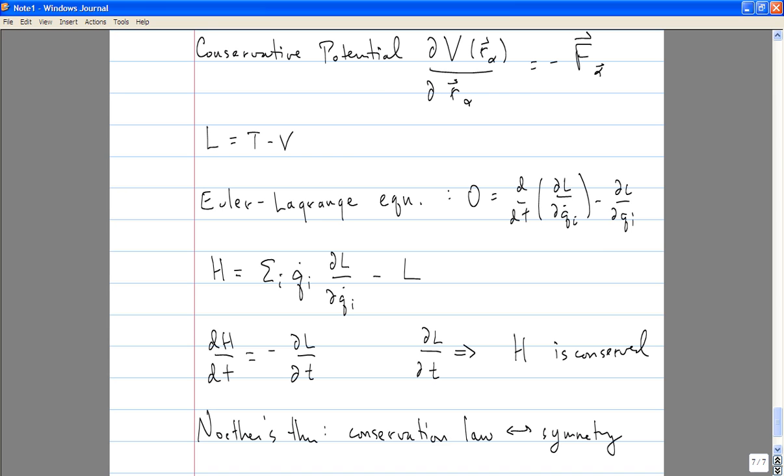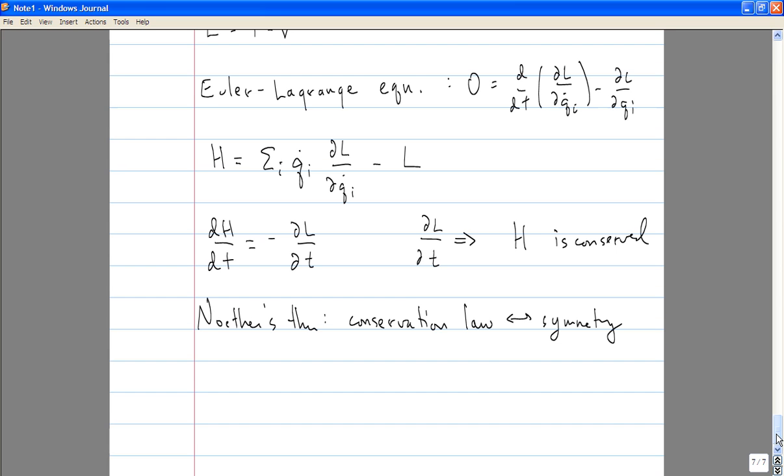We also, as a second example, defined the momentum conjugate to a variable q to be the derivative of the Lagrangian with respect to qi dot. So that if the Lagrangian is independent of q, that implies that the momentum, pi, is conserved.